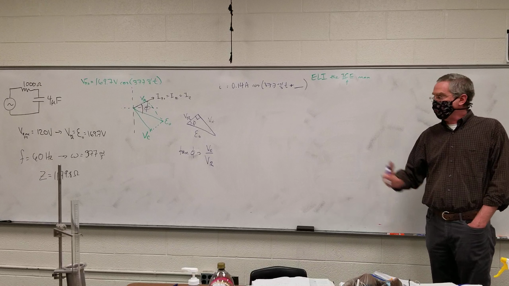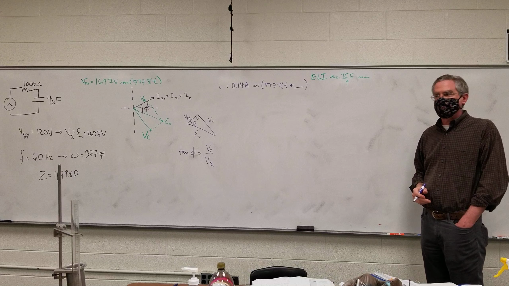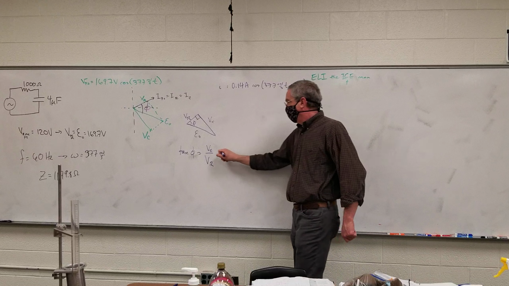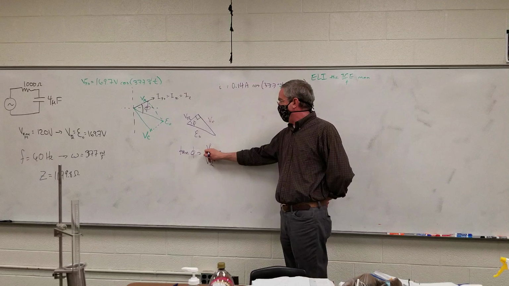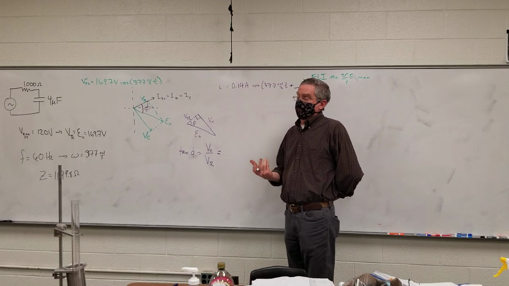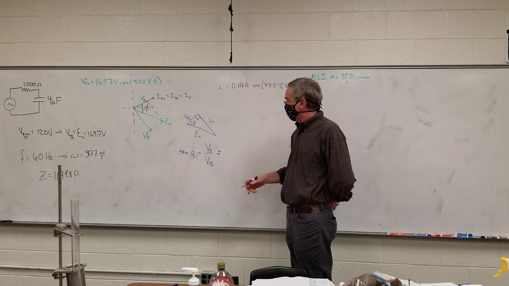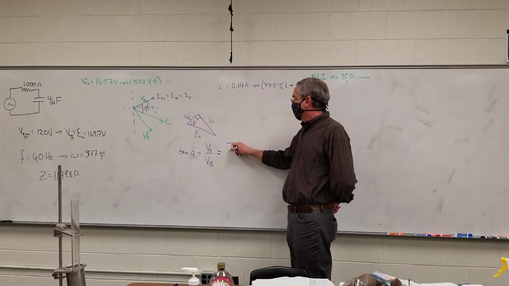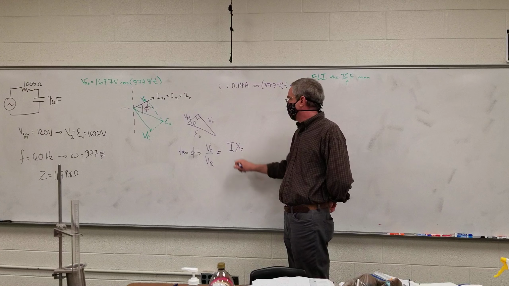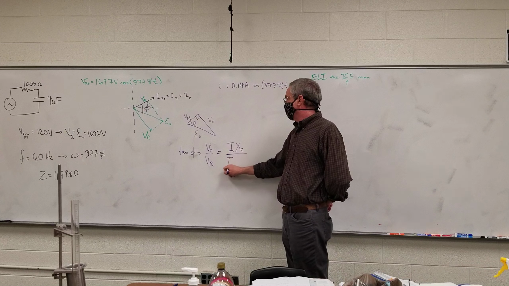Now, at this red hot second, I don't know what they are, but that doesn't matter. Because I know that when I'm dealing with the magnitudes here, which I am, the Ohm's law equivalence applies. So this is equal to the current times the capacitive reactance divided by the current times the resistance.